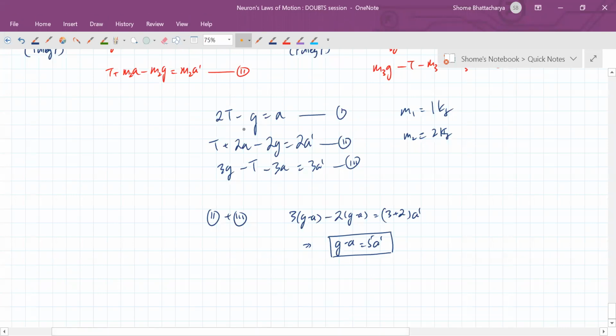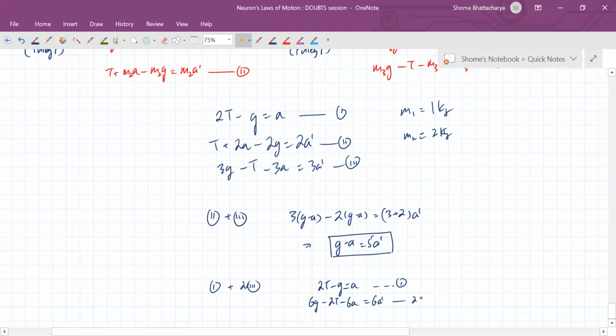Okay. And also, if you eliminate between equation 1 and 2, so what you do is you take equation 1 and you add it with 2 times equation 3. So 2T minus g is equal to a, that's equation 1, and this will become 6g minus 2T minus 6a is equal to 6a prime.